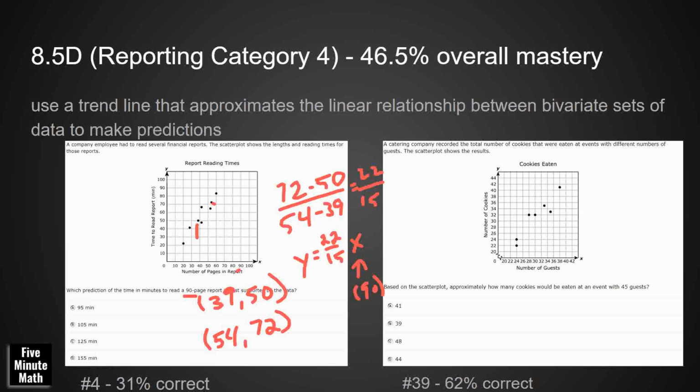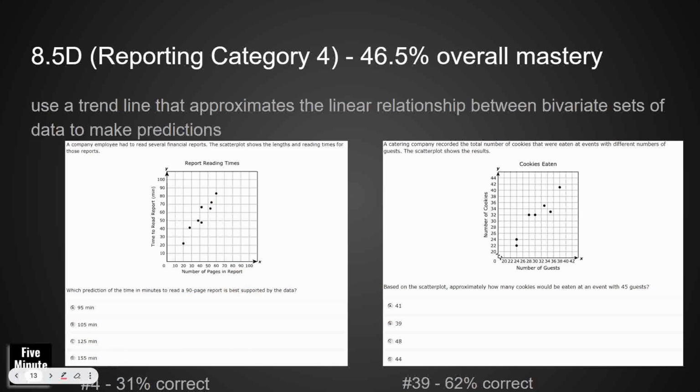Let's multiply that by 90, and what do you get? You get 132. So y equals 132. Obviously, we're approximating there, but that's also just one way to validate that that 125 is the closest to that. All right, so let's clear that off and let's look at number 39.